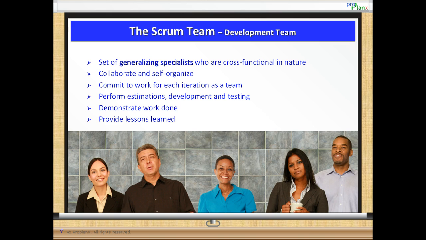In each iteration, they commit to work as a team and support each other in accomplishing it. The team performs estimation, development, and testing. As part of the sprint review, they demonstrate work that has been completed to obtain feedback. At the end of the sprint, they undertake a sprint retrospective to provide lessons learned.